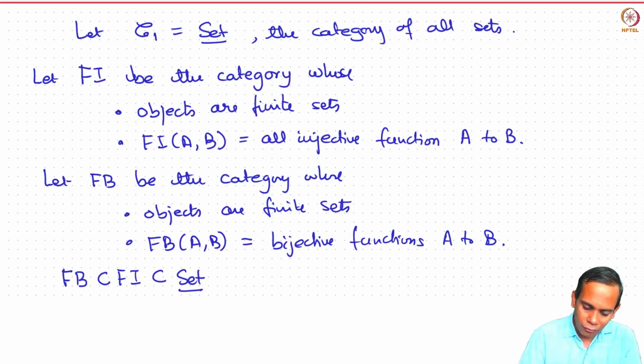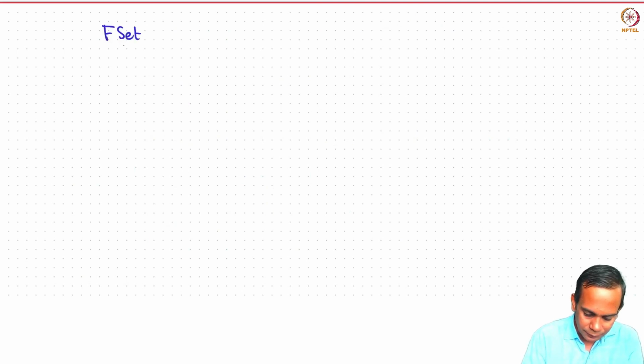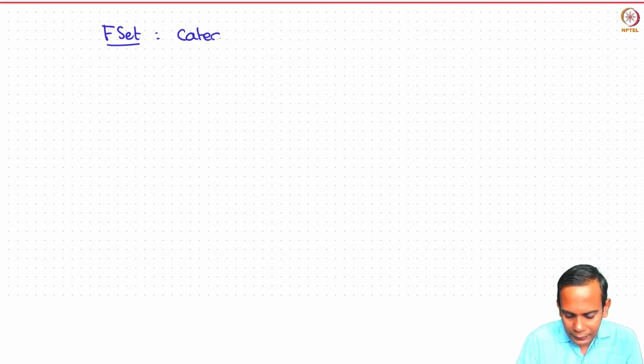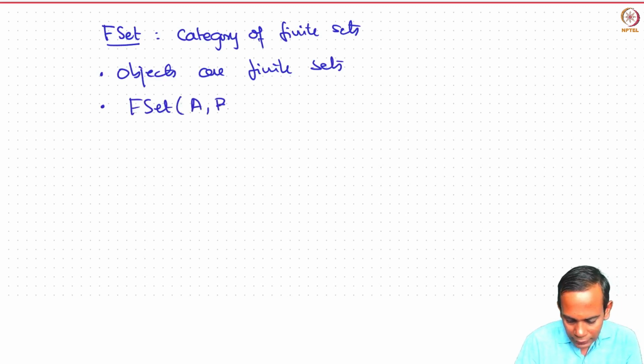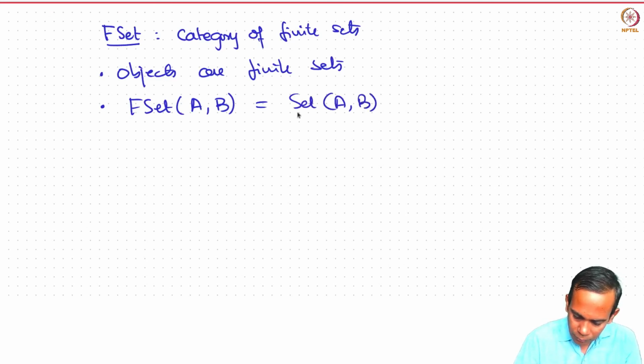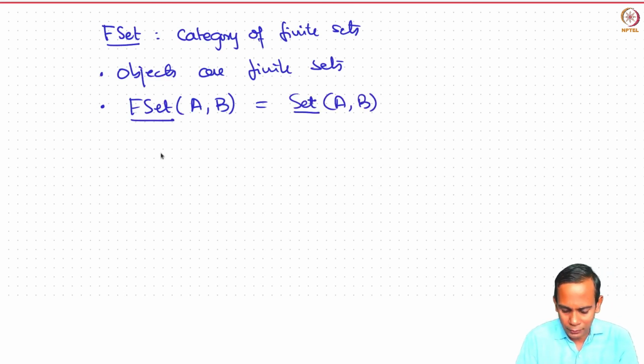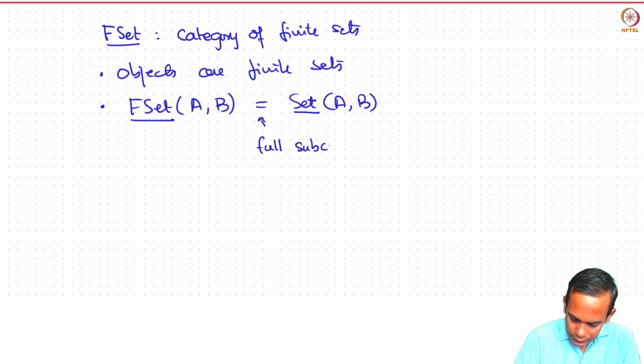And now let me give you one last thing which I can put in between here. I will define a category of finite sets. FSet is the category of finite sets. Objects are finite sets, and if you have two finite sets, the arrows from A to B are the same as the arrows from A to B in the category of sets, so all functions from A to B. When you have this condition, this is the notion of a full subcategory.